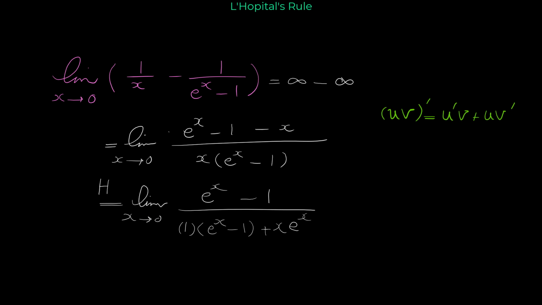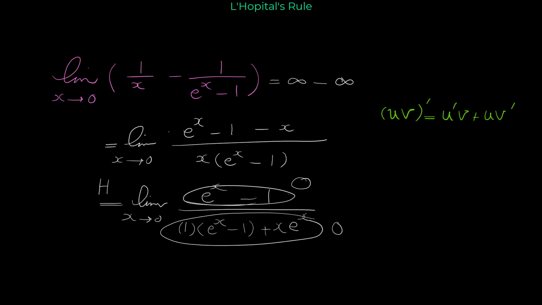Basically, after L'Hopital's rule, we do direct substitution to see if we can find the limit by direct substitution or not. If you simply plug in 0 in the numerator, e to the 0 is 1, 1 minus 1 is 0, so the numerator is 0. And if you substitute 0 in the denominator, it is also 0.